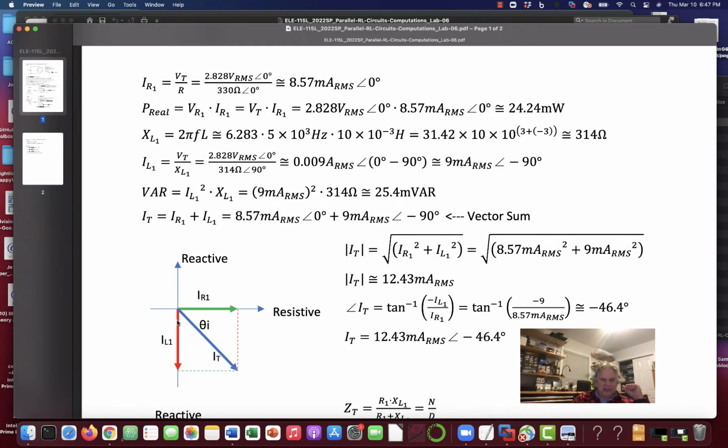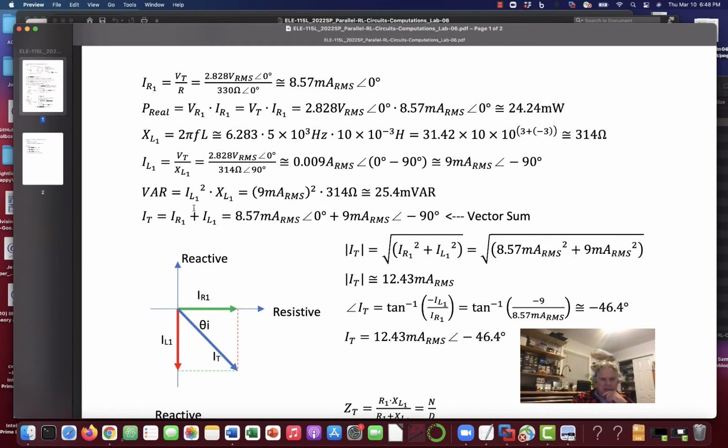You know, the 9 milliamps points down at 90 degrees, and this 314 points up at 90 degrees, so it would come out at 0. Well, it might come out at 0 degrees, but in fact, it's a reactive quantity. So volt amperes reactive is equal to that, and I get 25.4 millivolt amperes reactive.